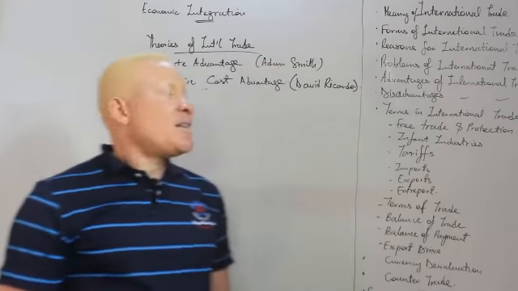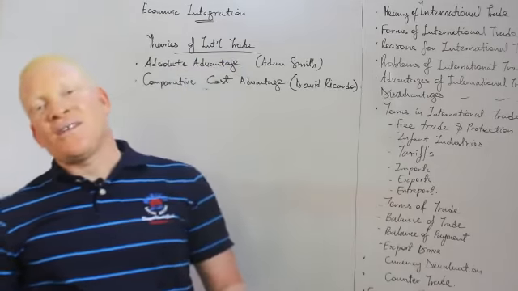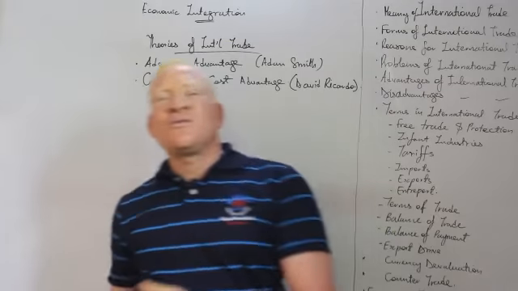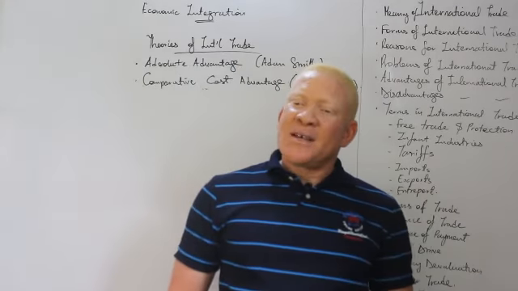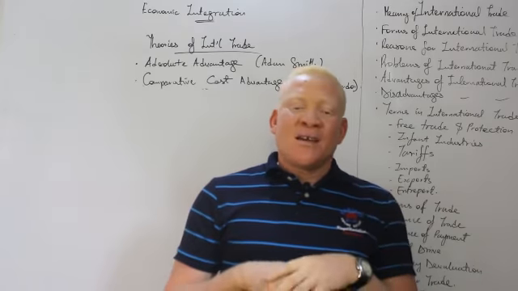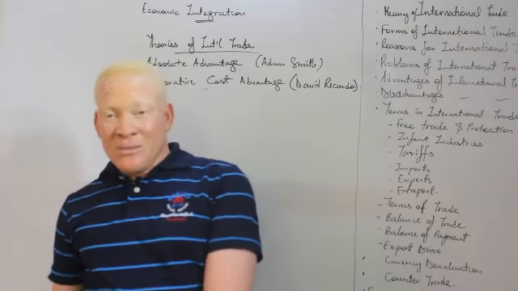That is why David Ricardo came with the concept of comparative cost advantage, that a country should concentrate more on the items that it is most endowed to produce over other countries.